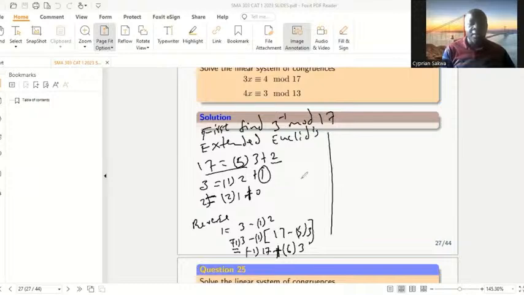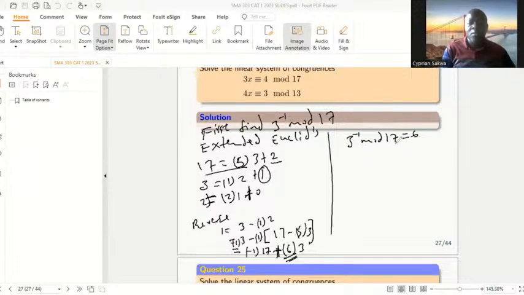I was looking for the inverse of 3, and I discovered it is 6. The inverse of 3 mod 17 is 6. Yeah, that's correct, because 6 times 3 is 18, and 18 divided by 17 has a remainder of 1. So that is correct. But it was easy to see.